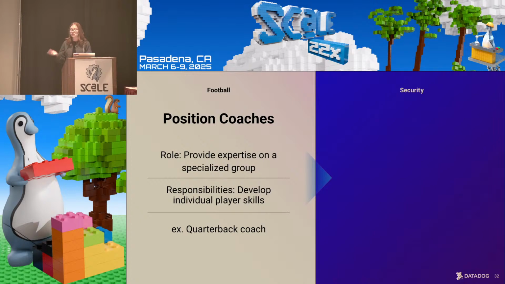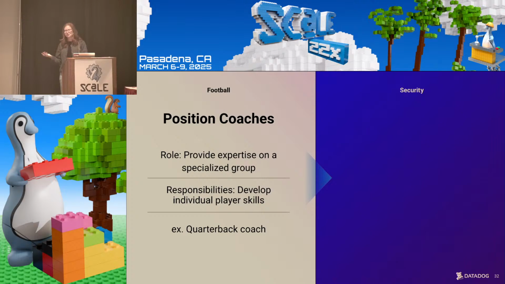Imagine that we have a kicking coach who helps the people who are kicking on the football team. They probably can't help the quarterbacks too much because they're focused on kicking. Just like the quarterback coach who teaches people how to throw probably can't help the kickers as much. And so we've got these position coaches in football.